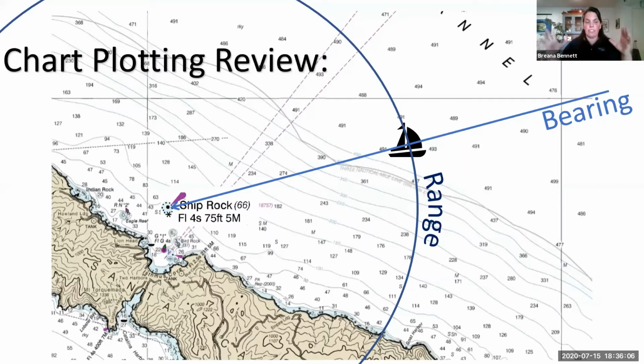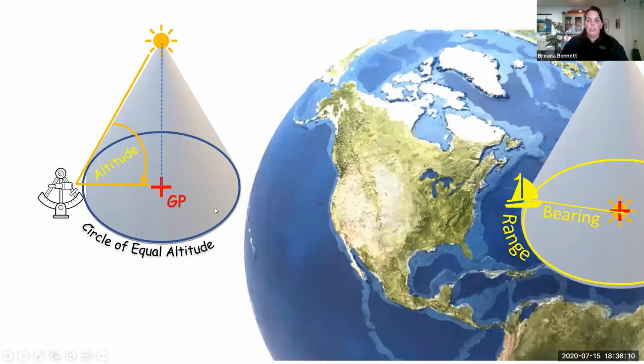So we're basically finding that geographic position. And how do we get the geographic position of a celestial body? Two things. Do you guys remember? Time is number one. So declination is kind of like latitude, right?